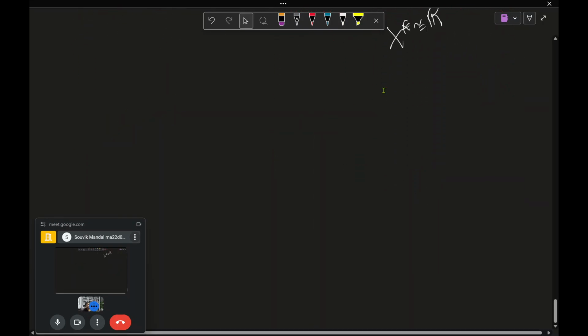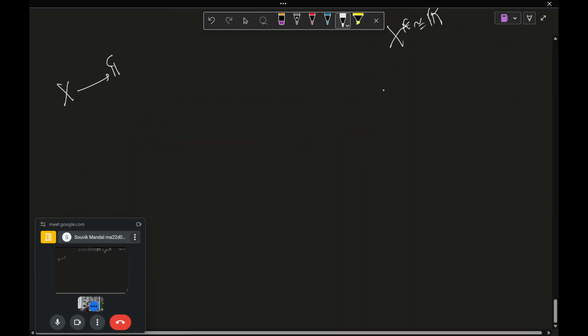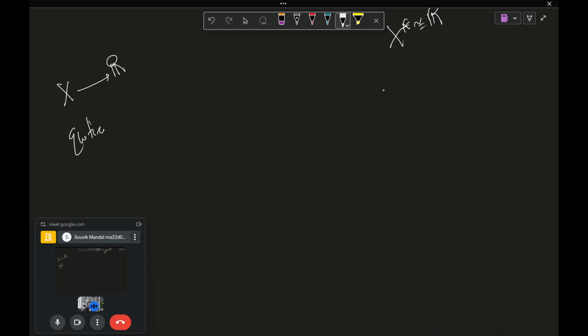This is our space X, and we need to figure out some map f from X to R which will be a quotient map, and f(x) equals f(y) if and only if x is equivalent to y. Somehow we need to figure out a function such that this happens.